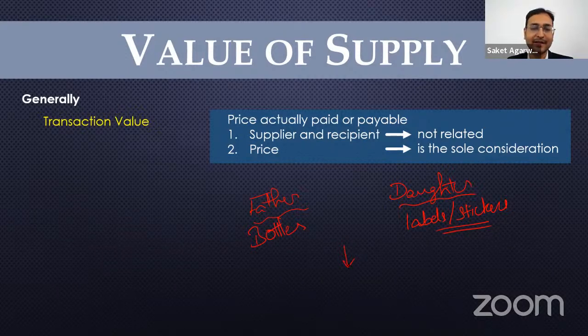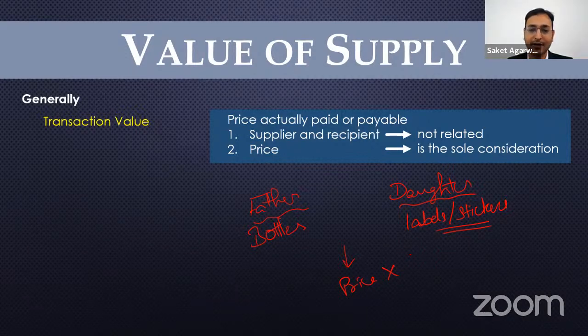So the government is saying that I don't care that you charge low from your father because of your relationship, but you have to pay my taxes on the normal price, which you would have charged if you would have sold this to an unrelated person. So the price mentioned on your invoice, I will disregard that price.